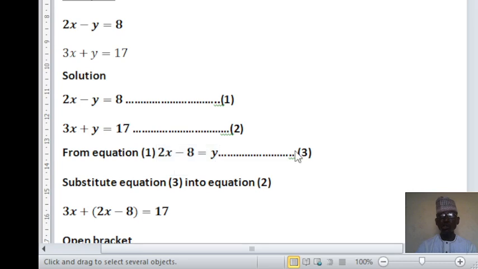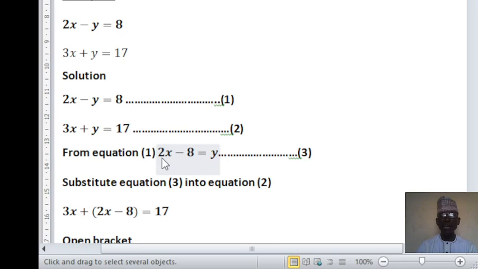We now take equation 3. That's where we derive the name substitution. Take equation 3 and substitute it into equation 2. It means anywhere you see y, you write 2x minus 8, since y is the same thing as 2x minus 8.